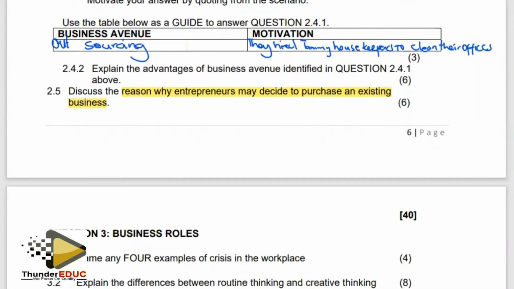What could be the reasons? Yes, an existing business which has been in operation may already have a well established customer base.